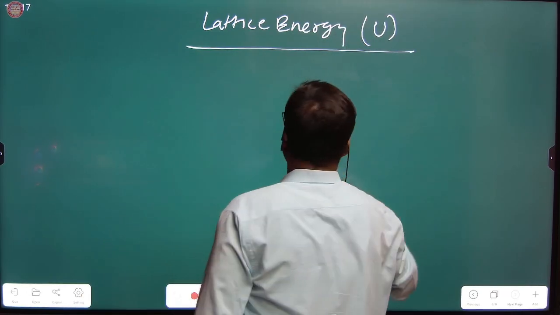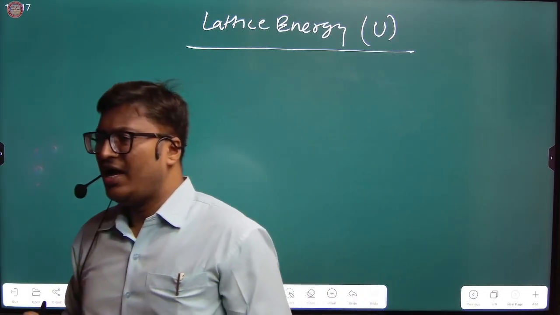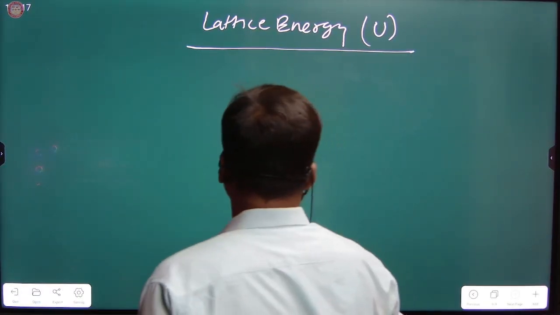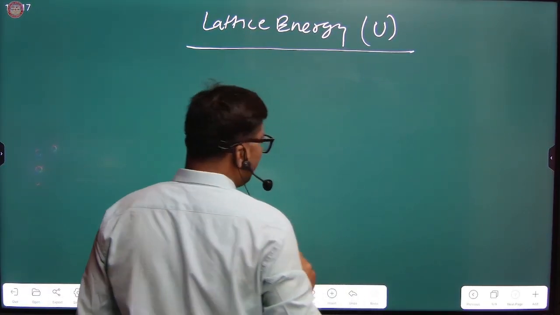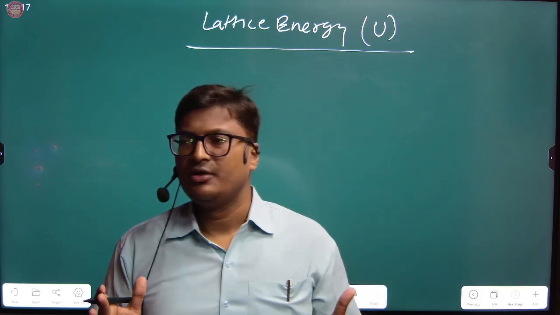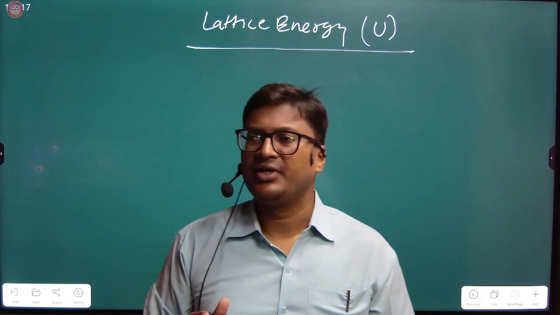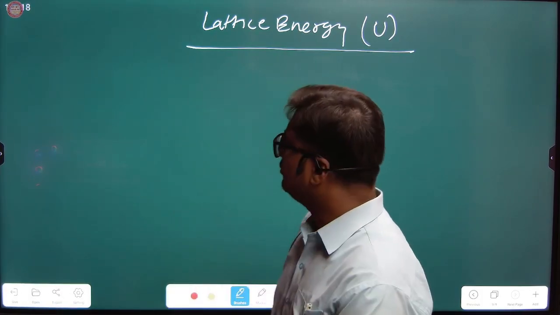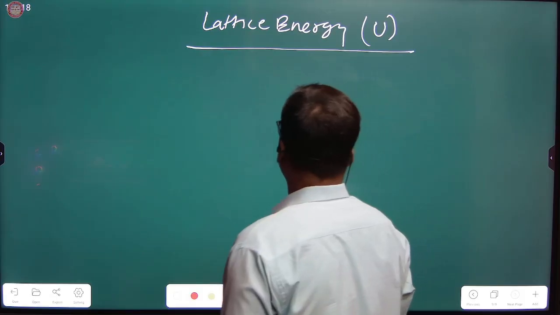So, it has a definition like that: the energy released when 1 mole of an ionic solid is formed through the combination of its gaseous cation and anion. So, this is the evolution of energy.